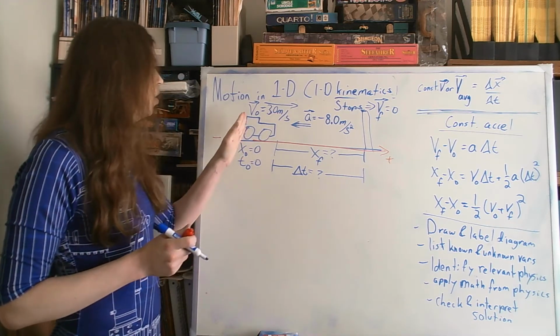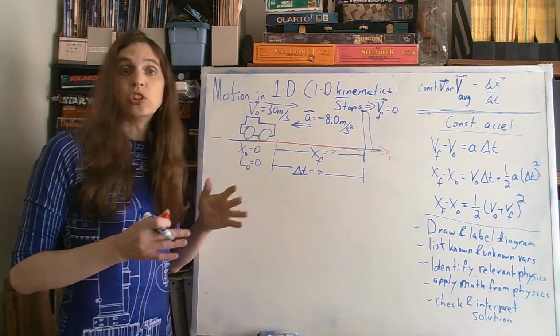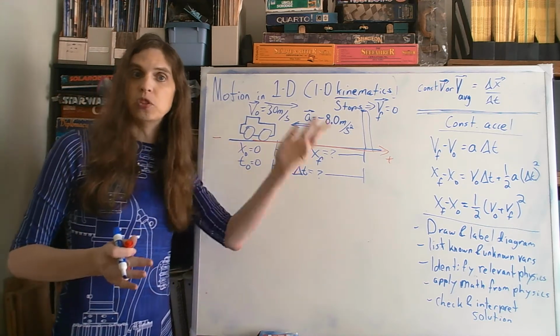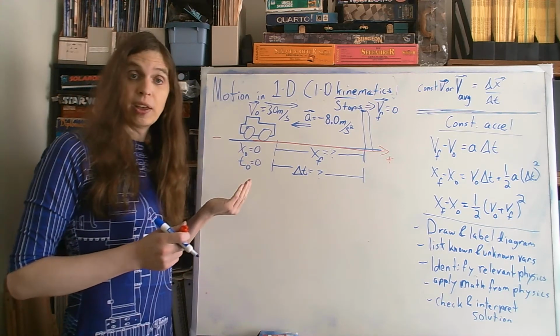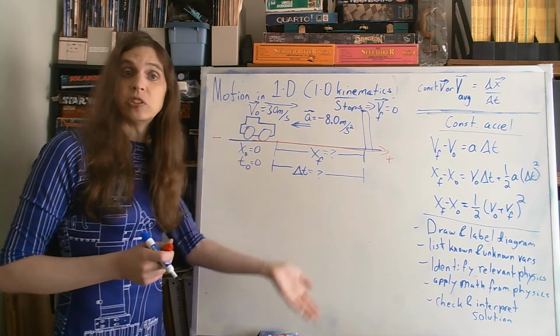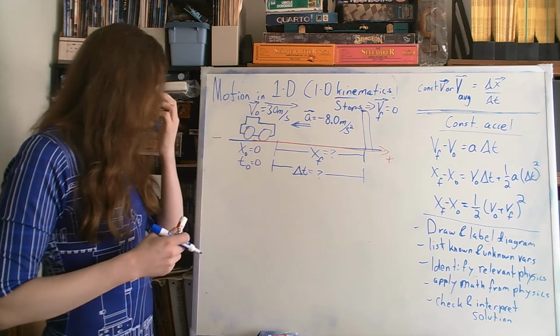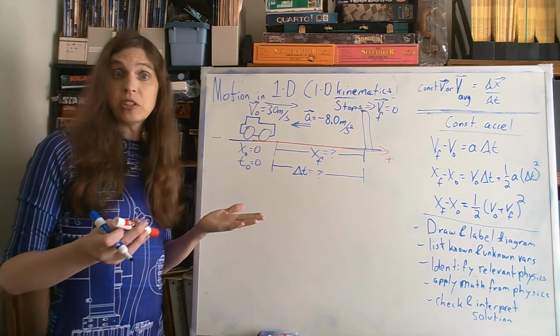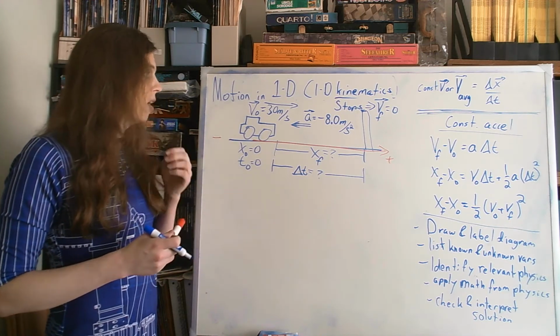I'm picking one where the starting position is 0, and everywhere an x sub 0 shows up in any of our equations, it can drop out. And t0 I have also as 0. So anywhere there's a t0 in our equations, that can also drop out. So that makes things simpler for all of our math.